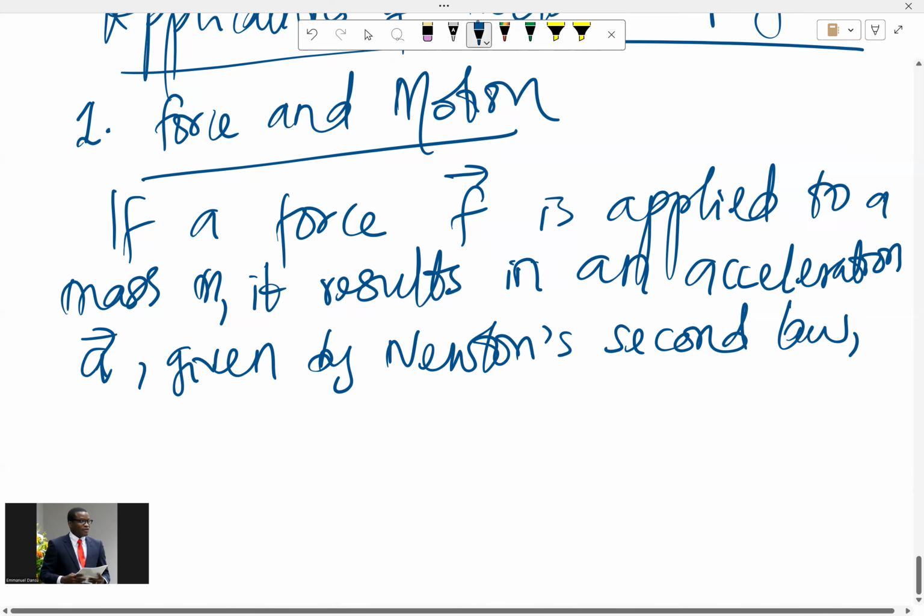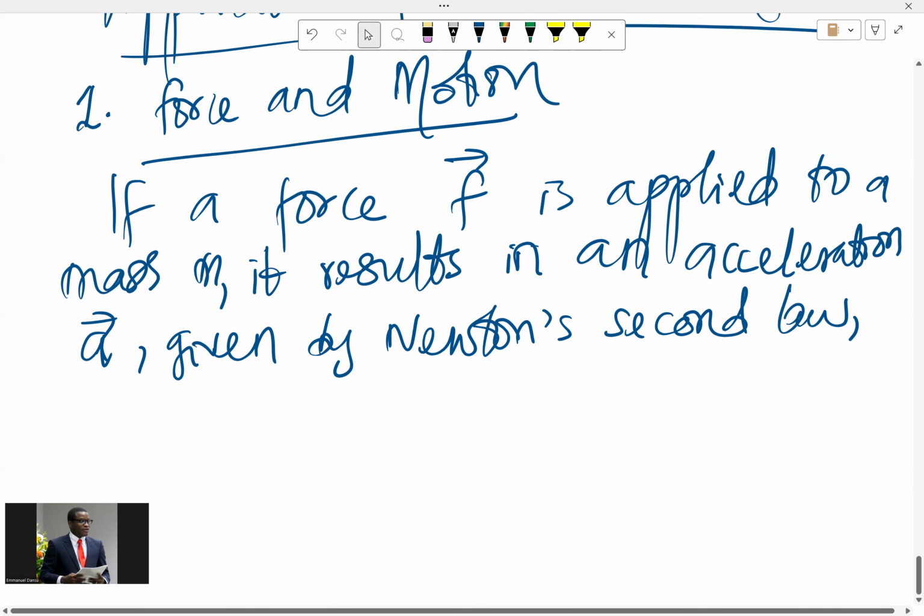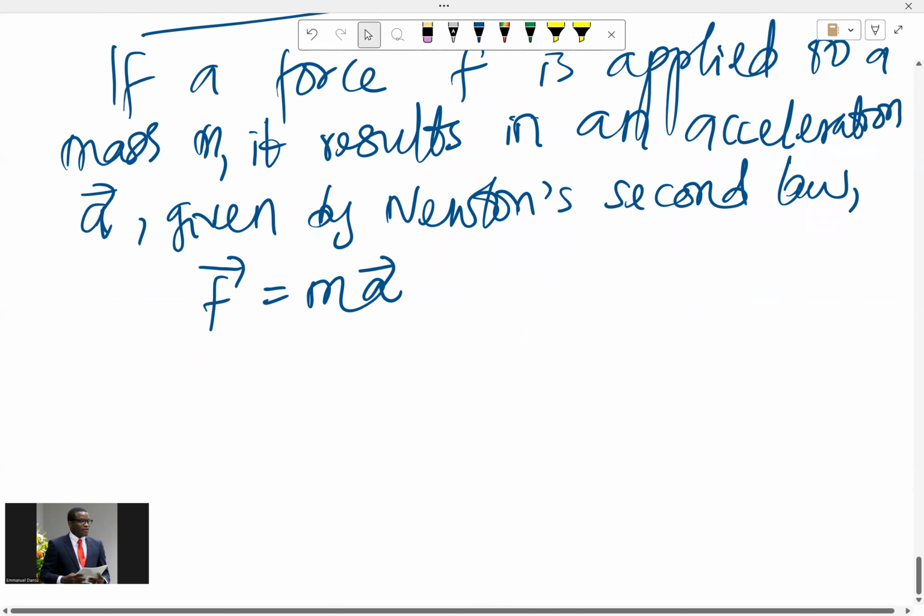The force is in the same direction as the acceleration and is proportional to it. Newton's second law is F equals M times acceleration. So what's the application?